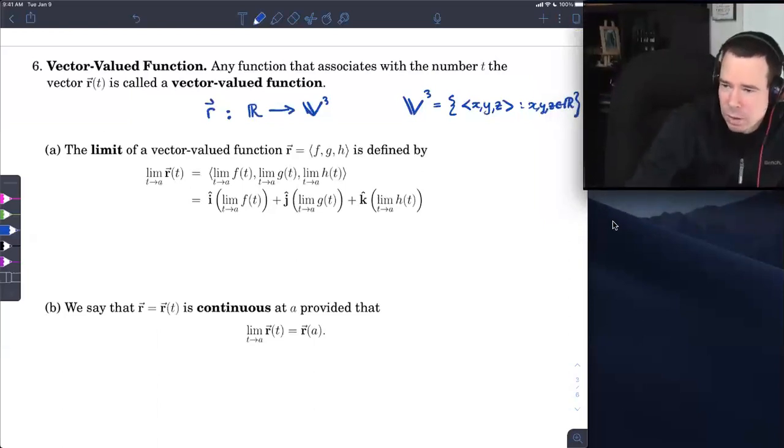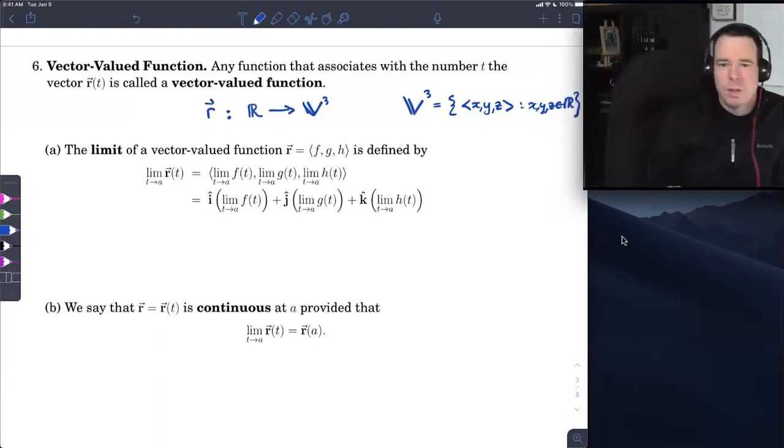The reason I didn't write R3 there is because R3 for us is usually denoting the set of points, but I want the output of this function to be a three-dimensional vector, not a point. So this set V3 represents the set of all vectors with the angle brackets, whereas R3 would represent the set of all points with round brackets.